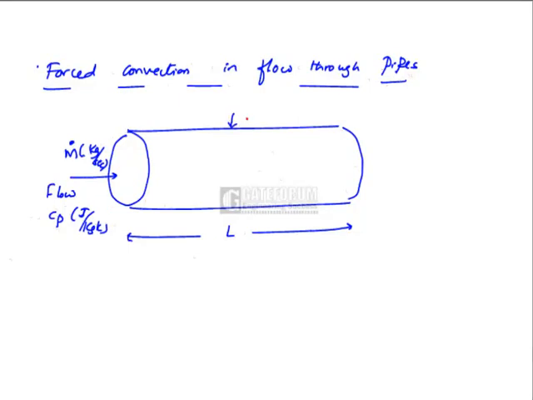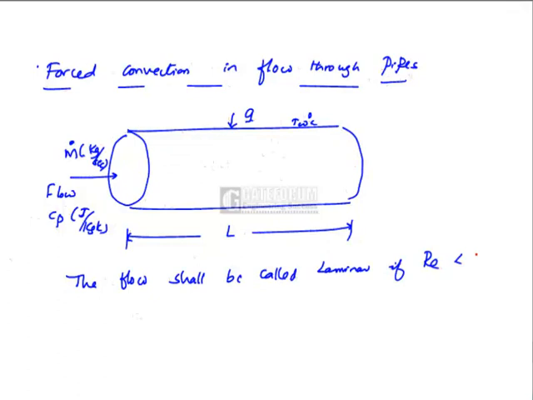This is the rate of heat transfer between the wall temperature and the fluid temperature. The flow shall be called laminar if Reynolds number is less than 2000.